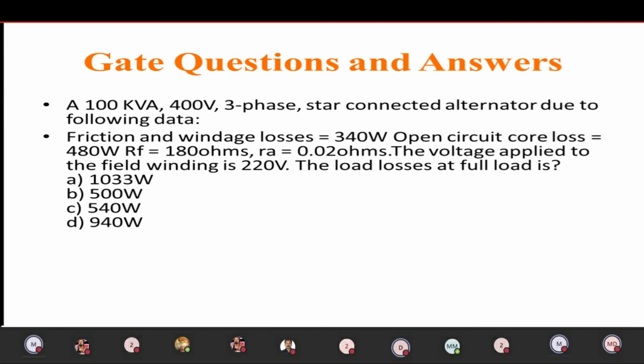RA is equal to 0.02 ohms. The voltage applied to the field winding is 220 volt. The load losses at full load is 1033 watt, 500 watt, 550 watt, 540 watt, 940 watt.